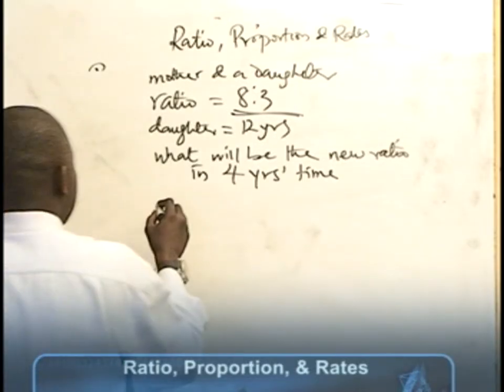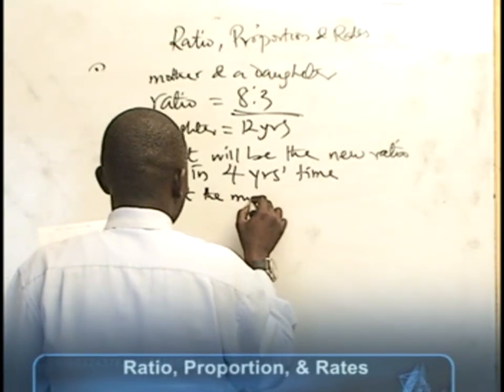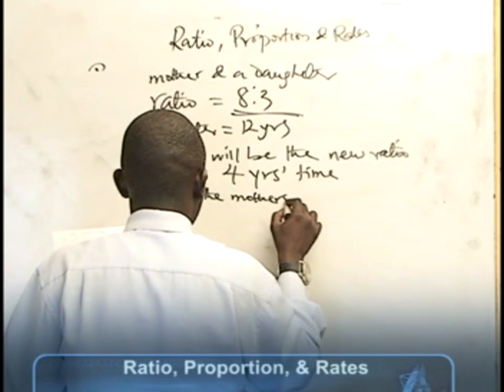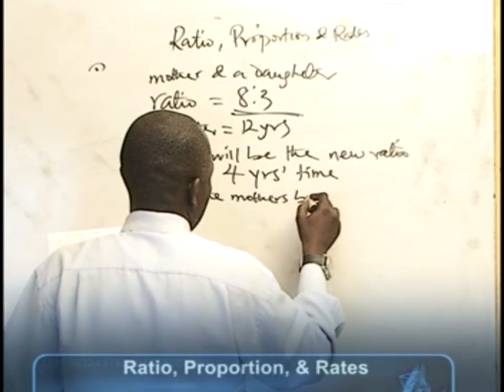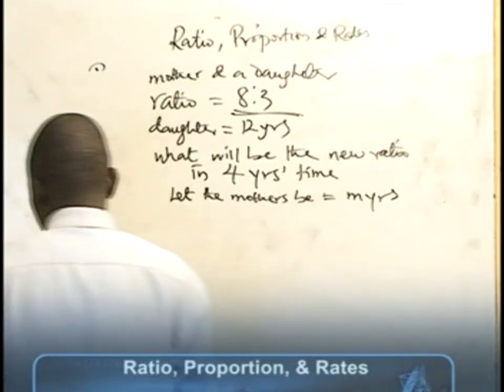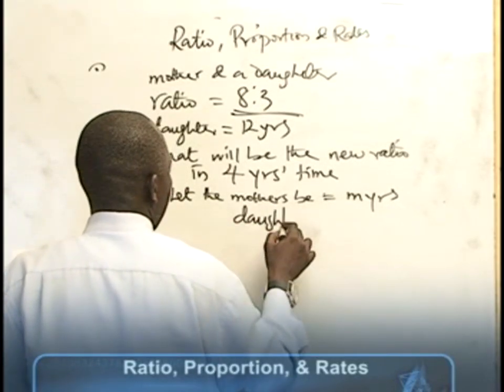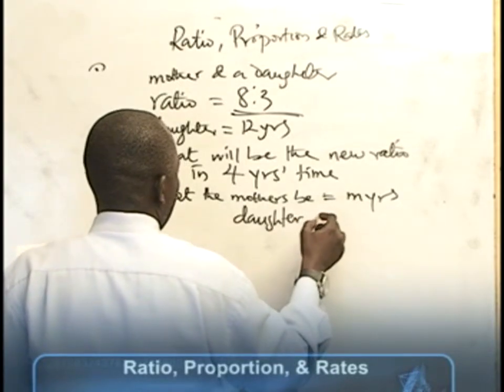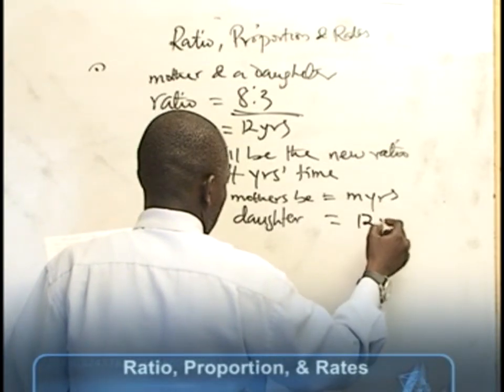Alright? Let the mother's age be M years. Let the daughter's age equal 12, because we've been told 12 years.